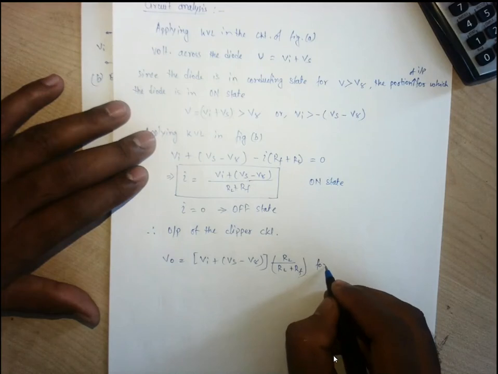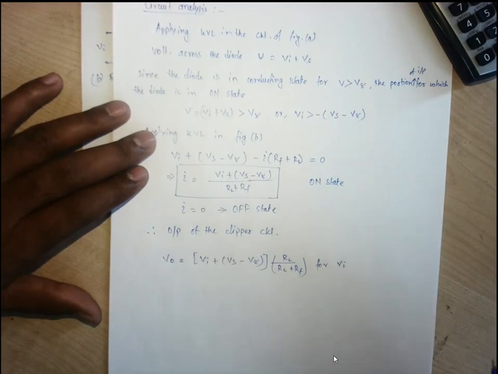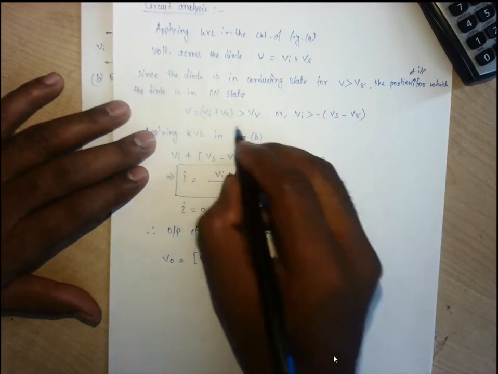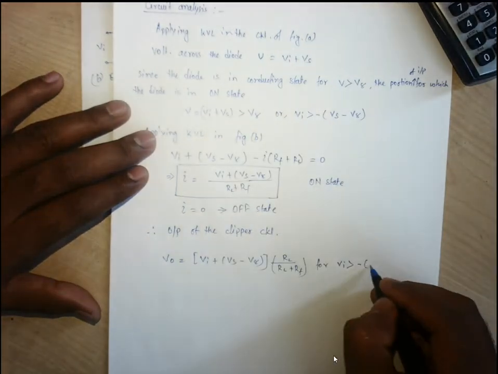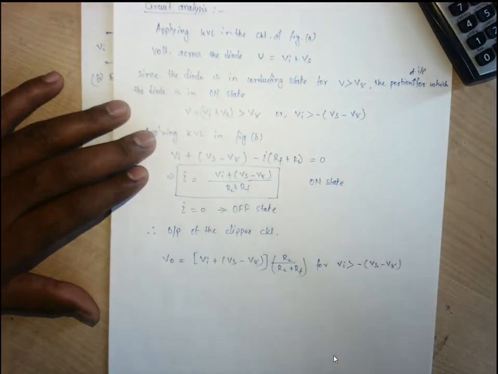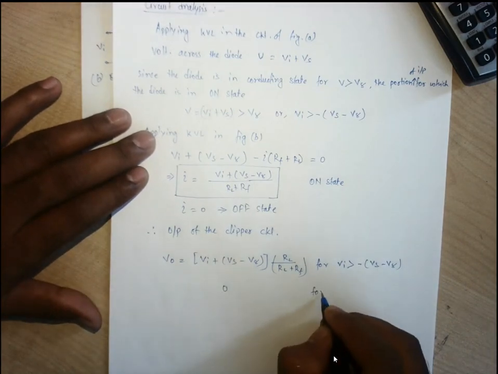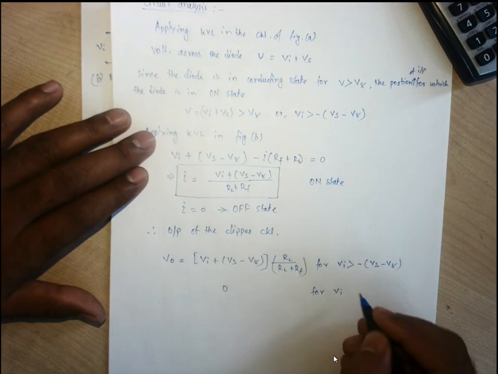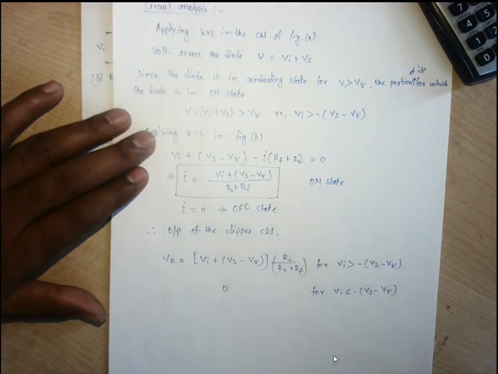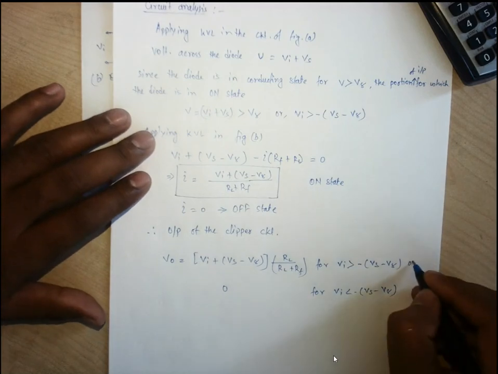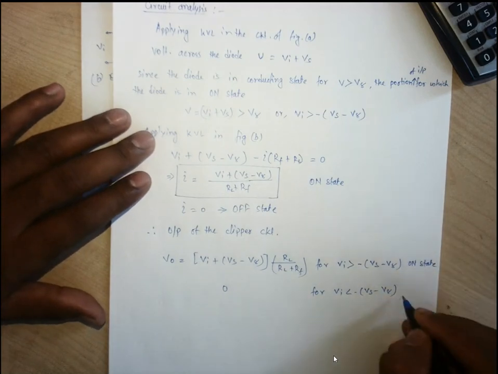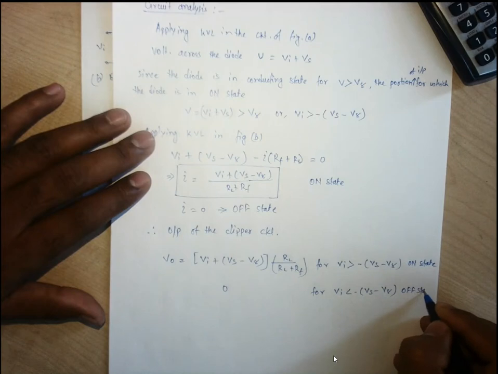This is for Vi greater than or equal to minus Vs minus V gamma, and it is simply 0 for Vi less than minus Vs minus V gamma, because the diode is in the off state.